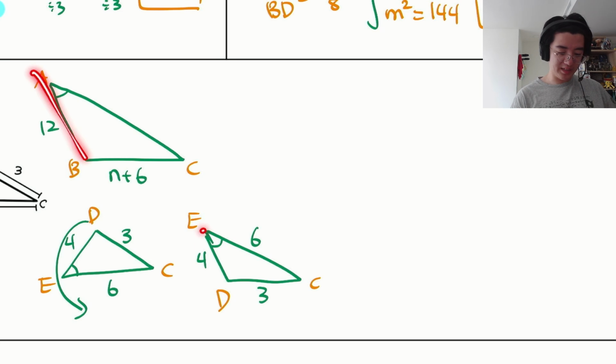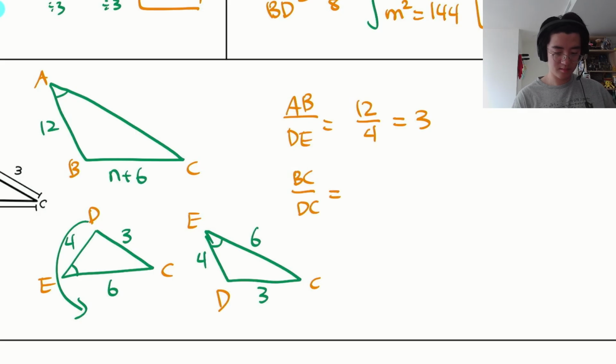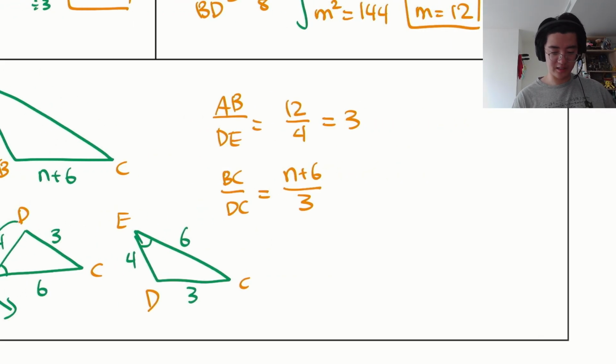Okay, we got AB over ED. Sorry, DE. Again, doesn't really matter, but I'm gonna do it just because it's good practice. Okay, and next, BC over DC. Those are equal to each other. So we flap our butterfly wings here.